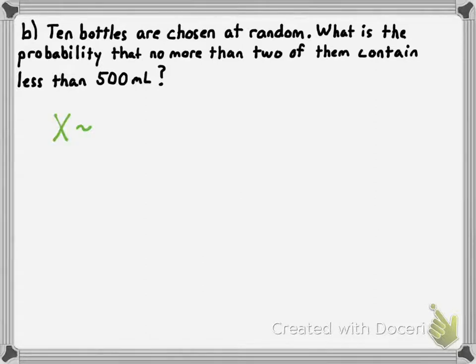So let's translate this here. Let's just say random variable X is supposed to represent the outcome when a certain number of bottles out of 10 are found to have less than 500 milliliters, okay? It's binomially distributed. The number of trials is 10, and the probability that it will contain less than 500 milliliters is what we just found, 0.00820.